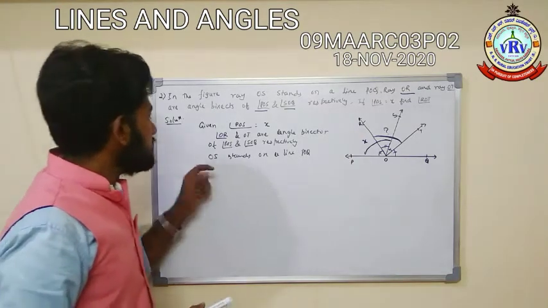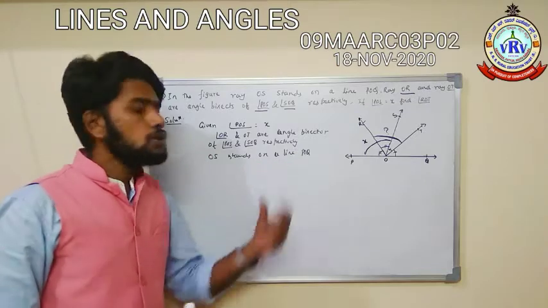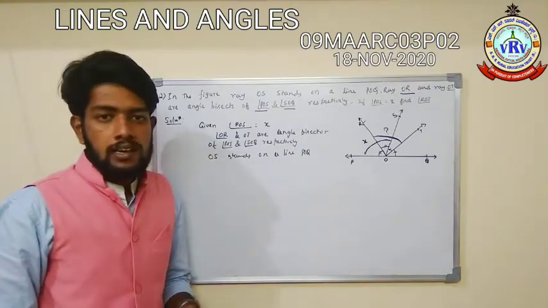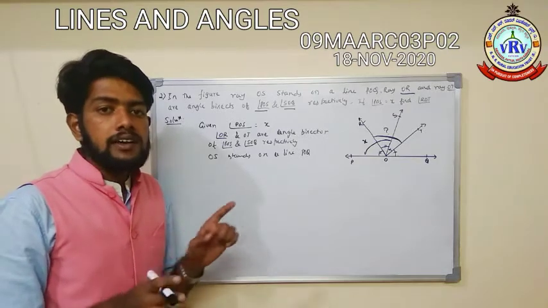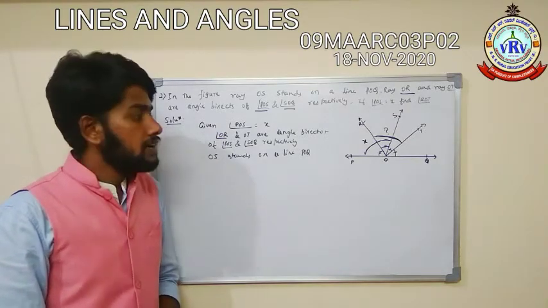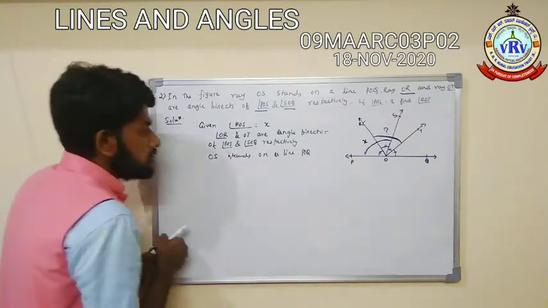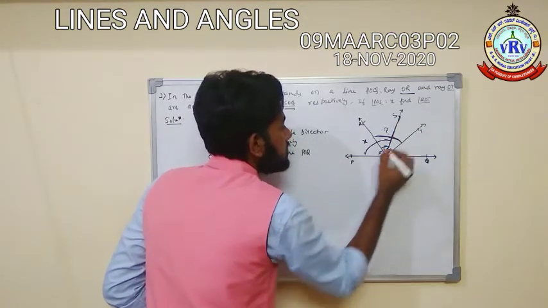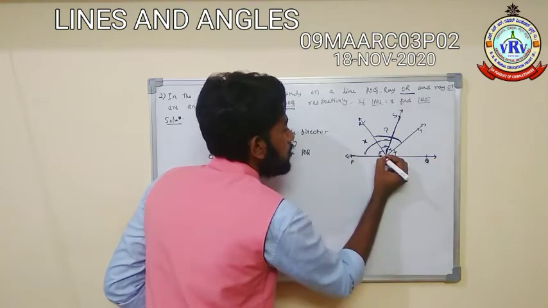If a ray stands on a line, what do we know? If a ray stands on a line, its adjacent angle sum is equal to 180 degrees. Here they are mentioning that the line OS stands on the line POQ.